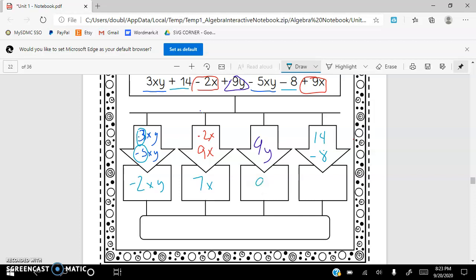With the y, it has nothing to combine with, so we can bring it down. And then we have 14 minus 8, which is 6. So now we put them how we see them. We have a -2xy, plus 7x, plus 9y, plus 6.